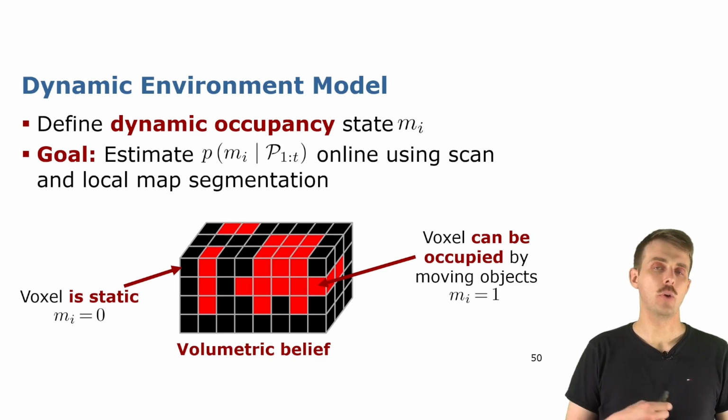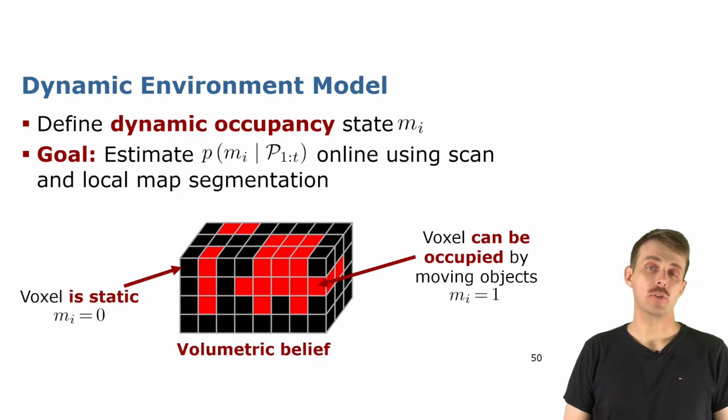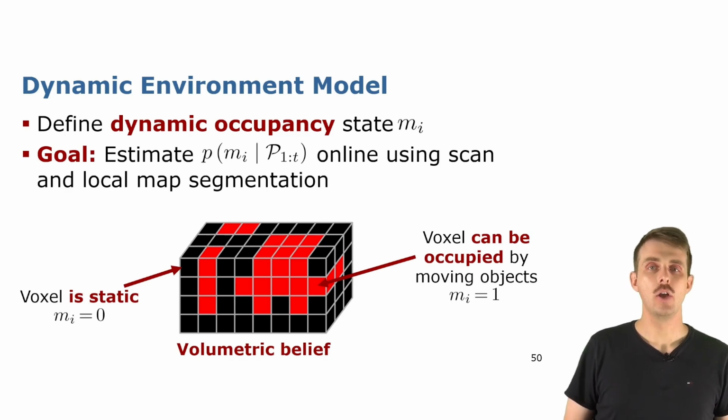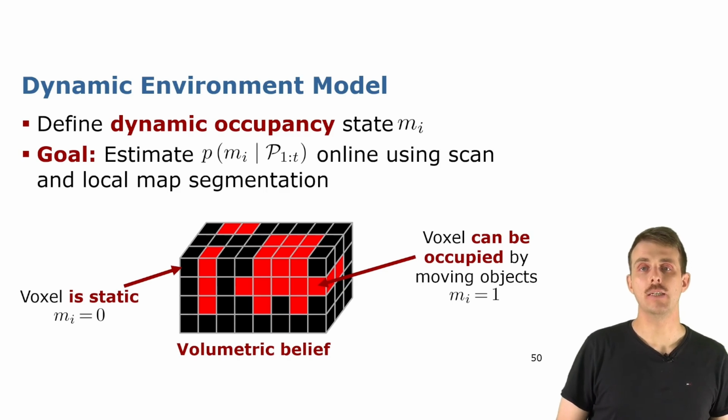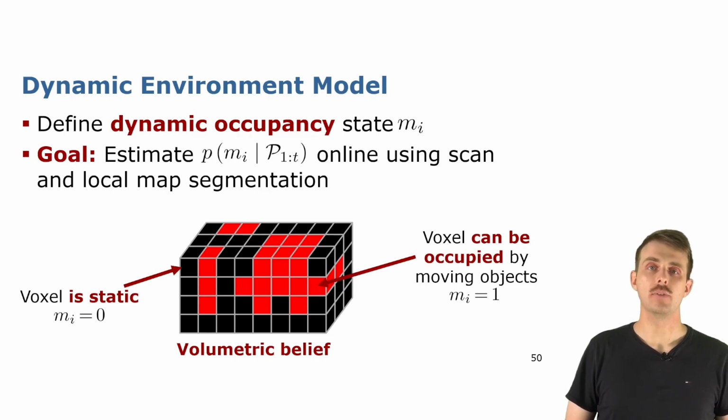So if ever again we observe a point in here, this must also come from a moving object. Again, the intuition is that moving objects move in the same space, whereas static objects just stay where they are. The goal is now to take all these measurements that we have and get predictions for the scan and map, and then estimate the state using a binary Bayes filter.